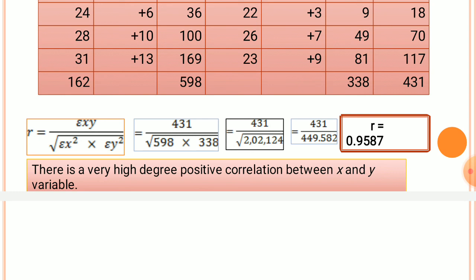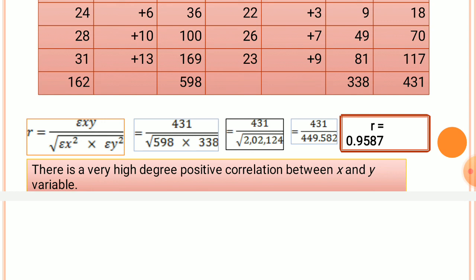is 449.582. Now 431 divided by 449.582 is 0.9587. So this is the value of r, and from this value we can interpret that, as the value is more than 0.90, there is a very high degree of positive correlation between x and y variable, because there is a plus value.